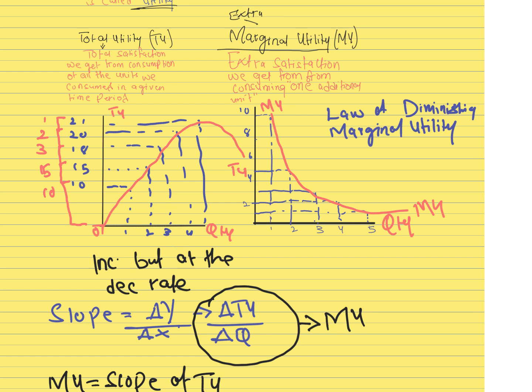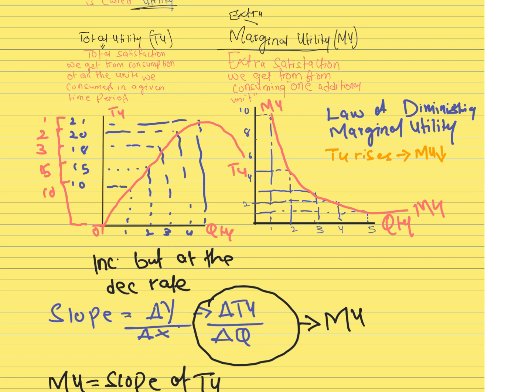We can see this law happening whenever there is an increase in the total utility. The total utility will be increasing slowly, but your marginal utility will be falling, because as we keep on increasing the consumption, the additional satisfaction that we get from every additional unit will be less than before.